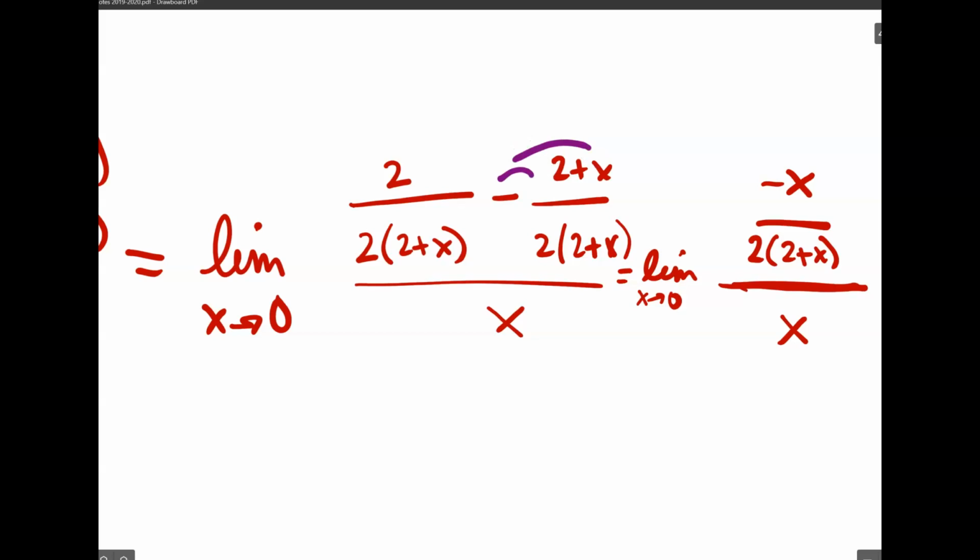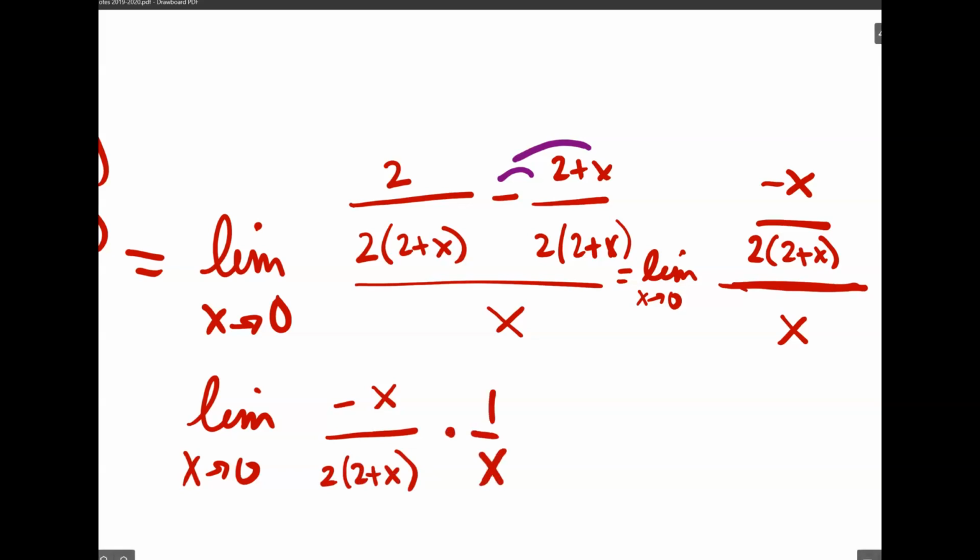Okay, so he says flip it and multiply. So if I take the limit as x approaches 0 of negative x over 2 times 2 plus x, instead of dividing by x, I can multiply by the reciprocal, which is 1 over x.